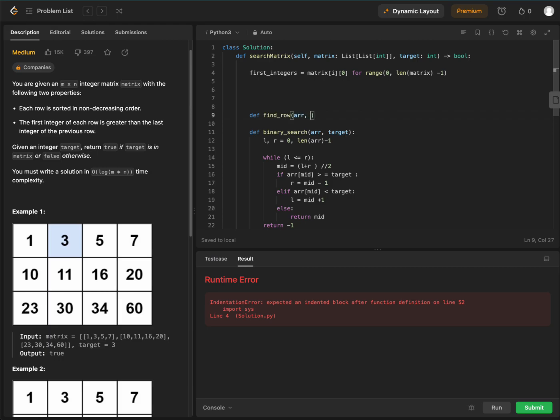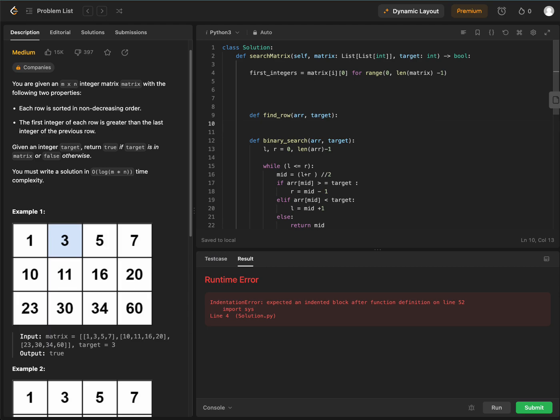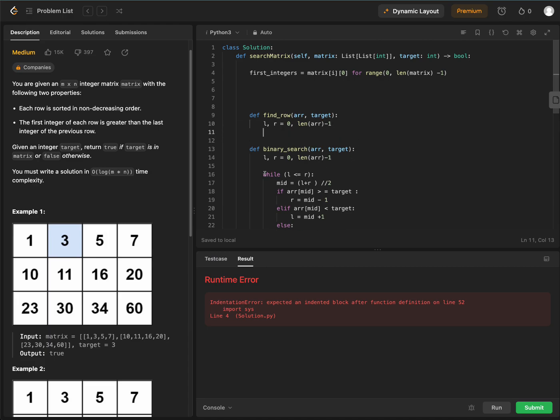Given an array, a list, and a target, right? We want to find the row that it belongs to, and here we know that it is sorted again, so we want to cut the search space. This part is the same, this part is the same.